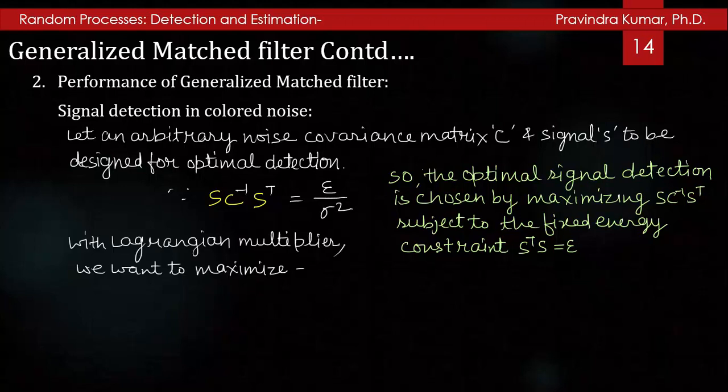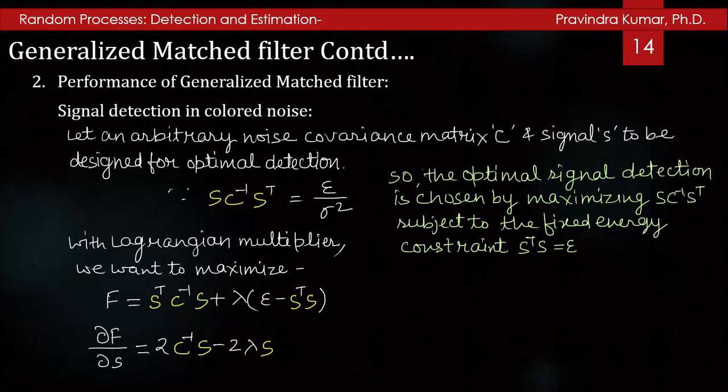So use the Lagrangian multiplier. We want to maximize the term S transpose C inverse S plus lambda times epsilon minus S transpose S, where lambda is some positive constant. Here C is a symmetric matrix.